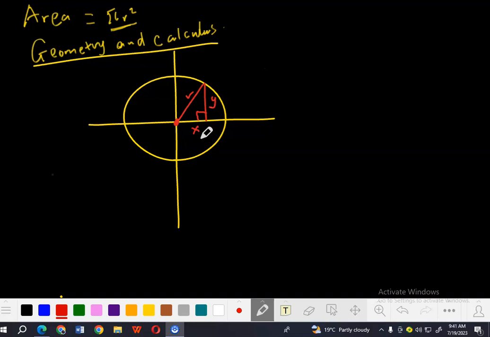So we can say that y squared, write y squared somewhere, plus x squared, this is equal to r squared, the one you have here. Can you indicate that? Yes. You have done that? Yes.